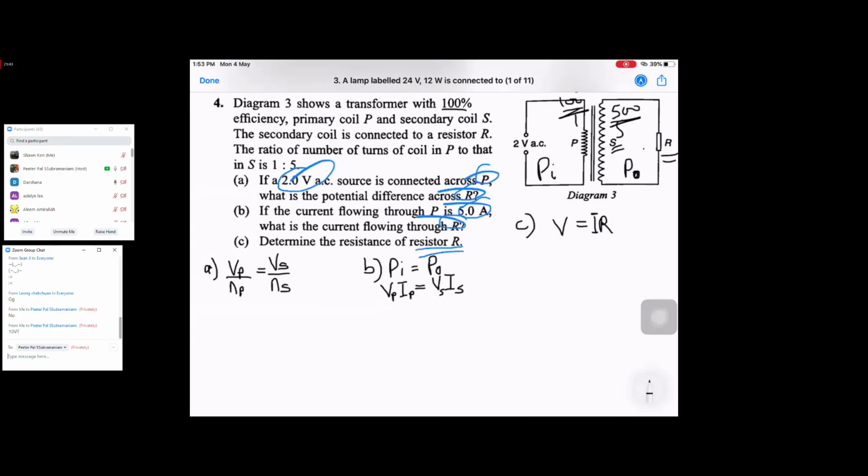My voltage for secondary is 10. Very good. Secondary voltage is 10 volt. Correct. Okay, thank you, teacher.